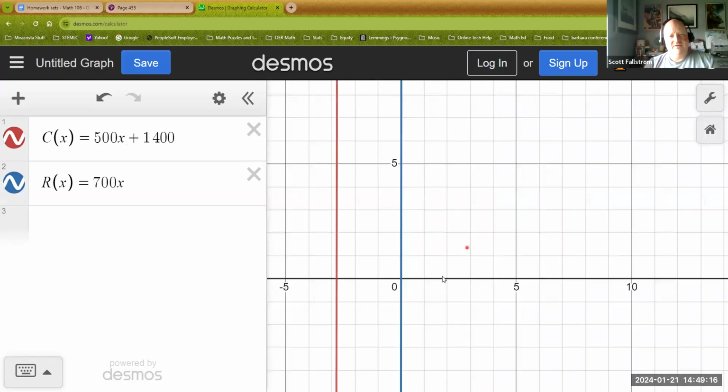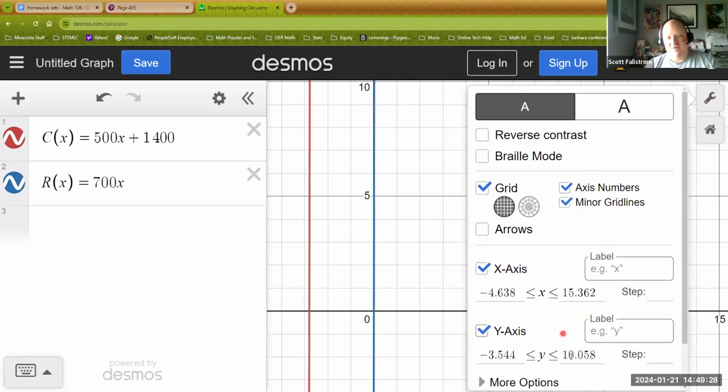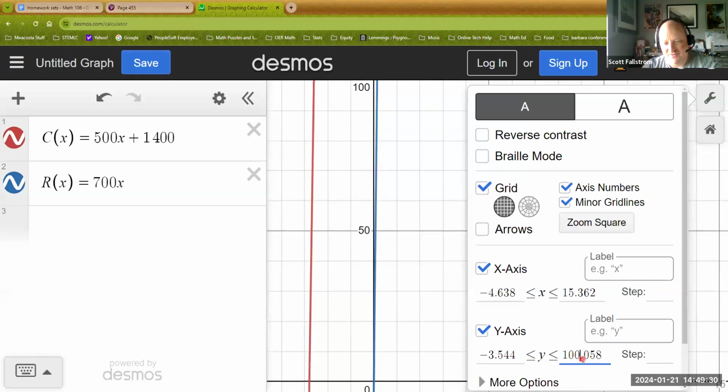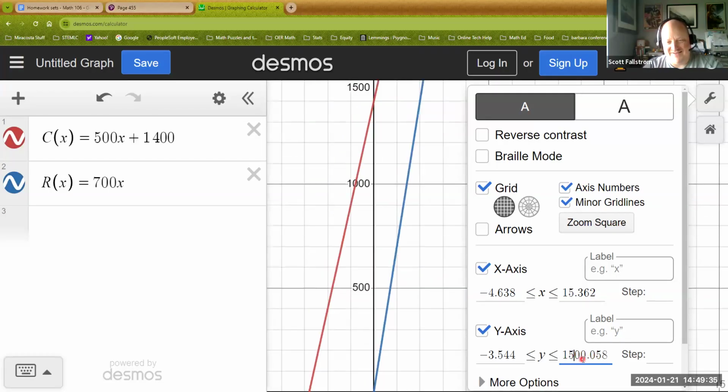Okay, now here's the thing. We really can't see much. 700x means if I go over 1 unit, I go up 700. That's like the slope, right? So I need to change my graph settings. My y-axis, maybe I need to come up here to 1,000, 1,500, maybe 2,500.